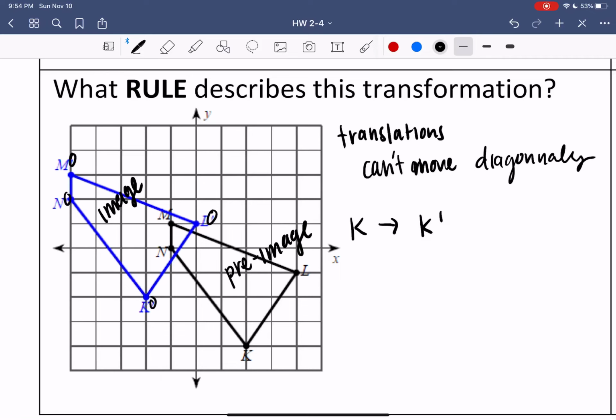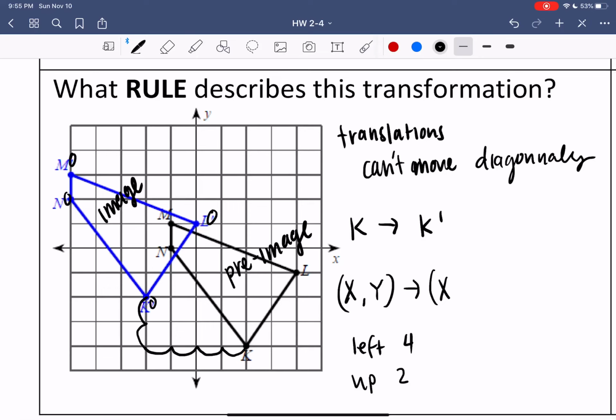So from here, I can go K, and I can see this is moving 1, 2, 3, 4. It's moving left 4, and then we're going to move up 2.